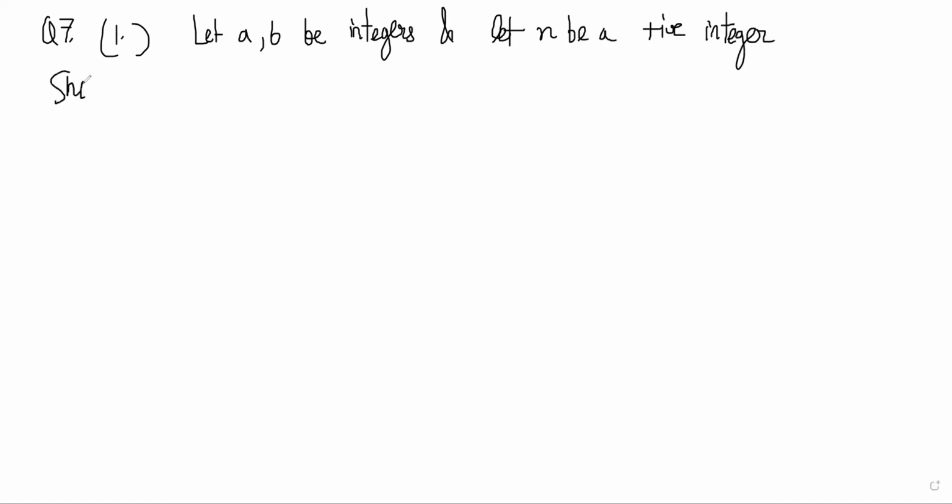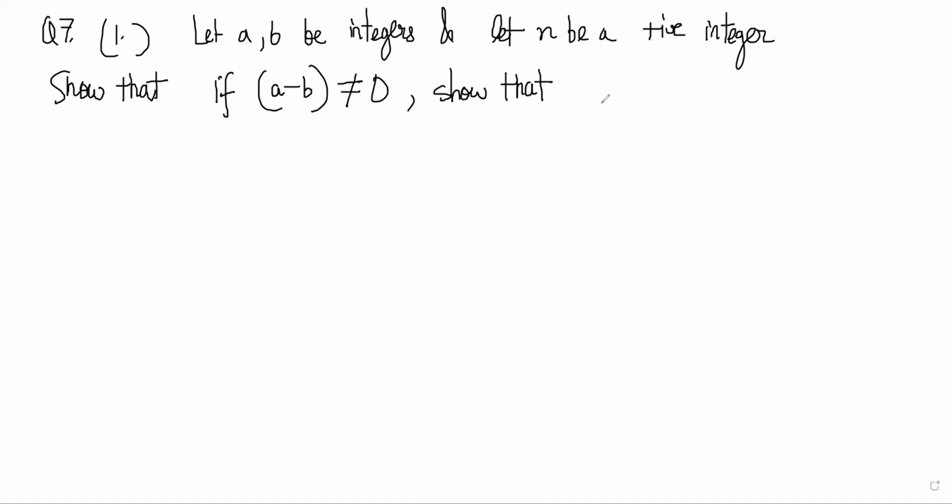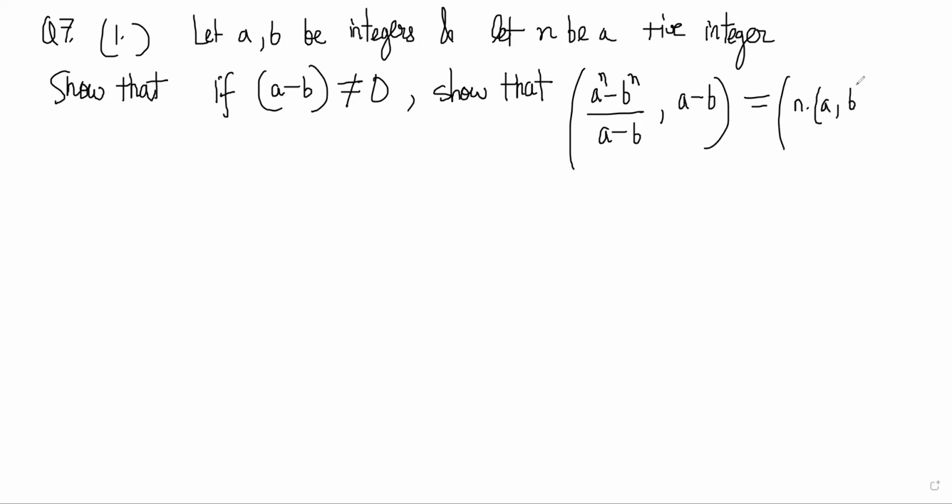You have to show that if a minus b is not equal to 0, basically a is not equal to b, show that GCD of a power n minus b power n by a minus b comma a minus b is equal to GCD of n times GCD of a and b power n minus 1 comma a minus b.